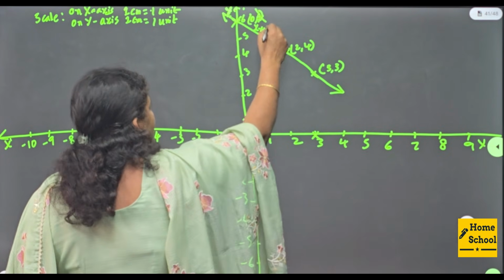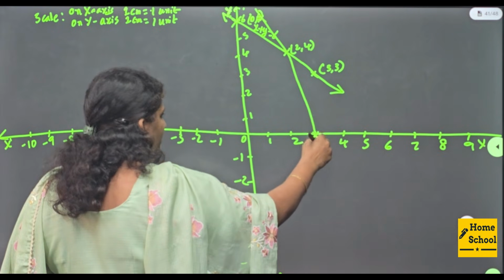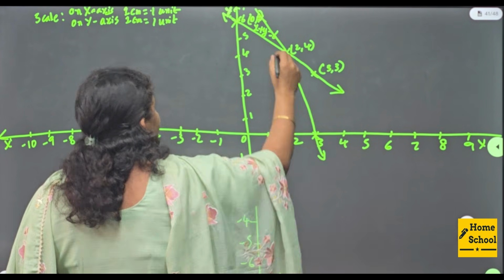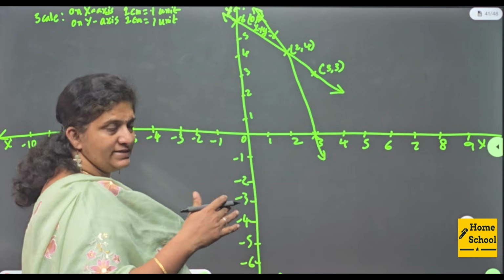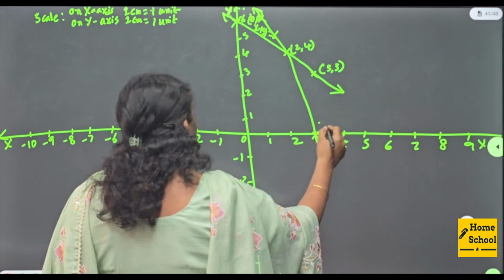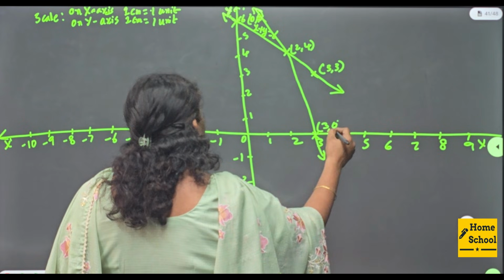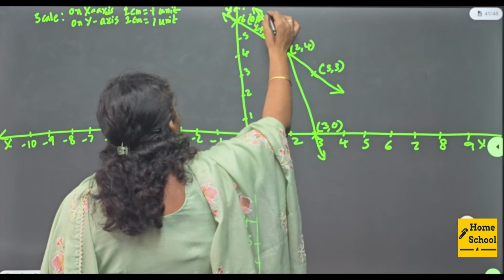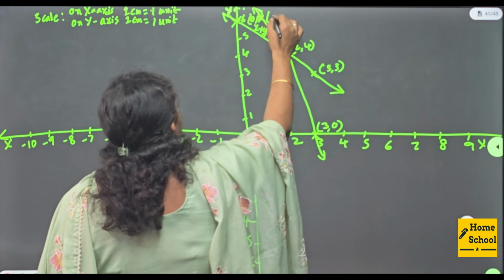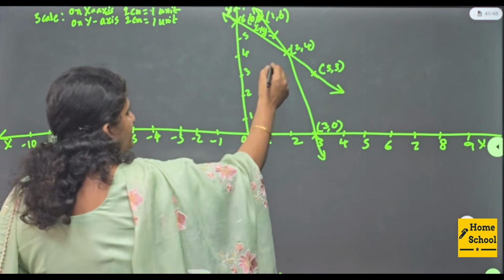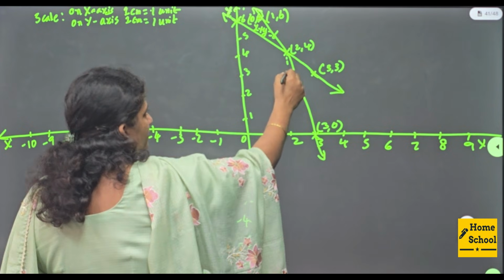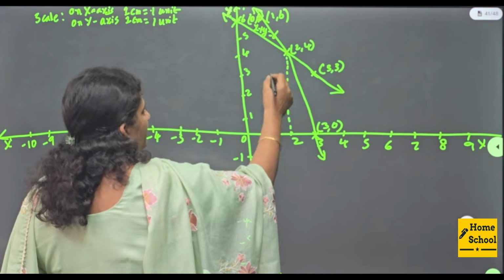So observe here, like this you are going to get. Right? This is a rough, children. On the exact graph sheet you are going to get a straight line. Mark this. 4, 0, 2, 4 and this is 1, 6. These two lines are intersecting at a point. From there, draw the perpendicular.